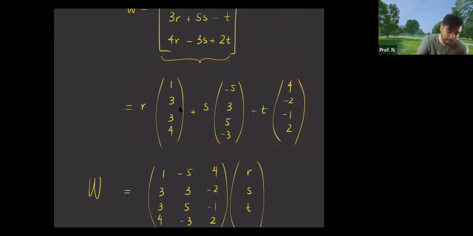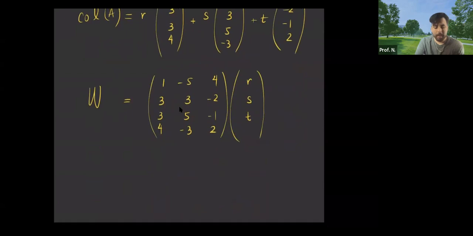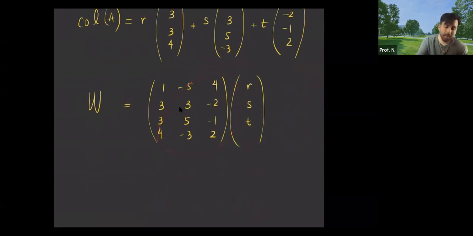The column space of A is the linear combination of the columns. So I created a matrix where the columns are indeed these columns. So this is my matrix. I'm done. The column space of this matrix is W.